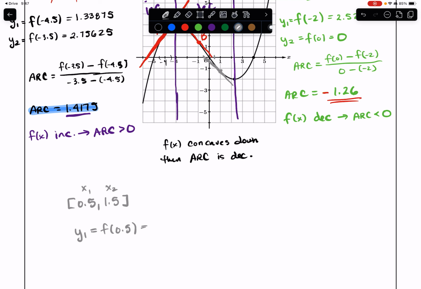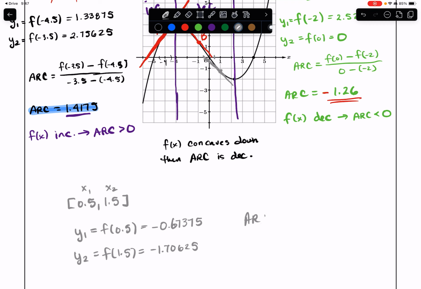And again, I'm just going to use the calculator for this, and that gives us a total of negative 0.67375. And the y2 we evaluate by plugging in 1.5, and that's negative 1.70625.